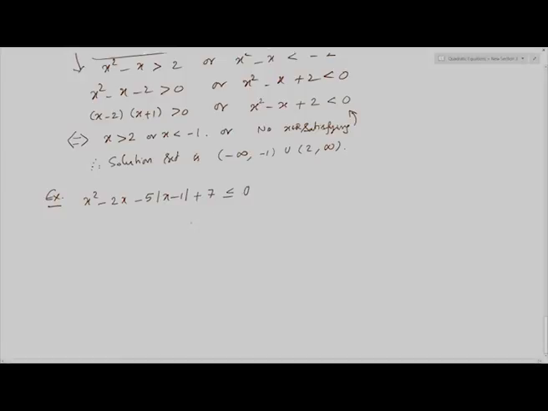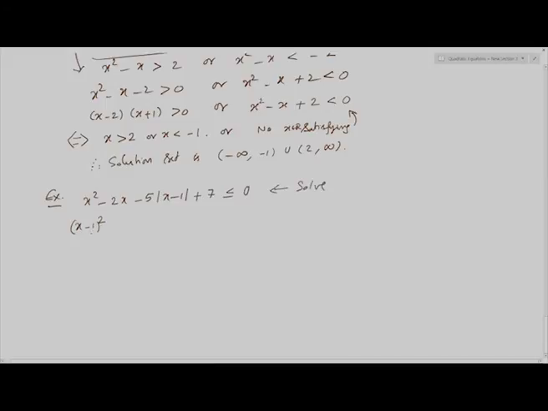Now, by looking at this inequality you can see that if I look at the first two terms, x² - 2x, this is exactly behaving like (x - 1)² except the constant term. So, I can write (x - 1)². I want to solve this given problem.